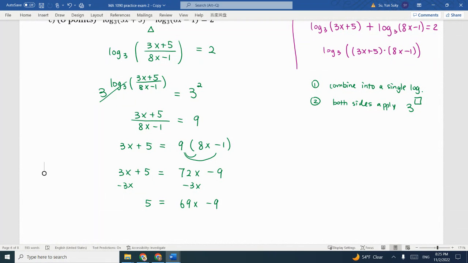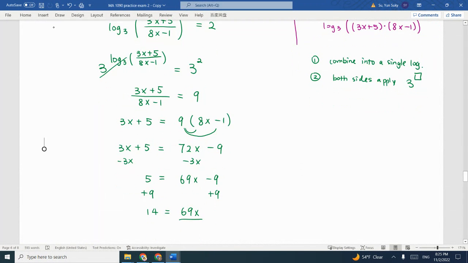Then we move the constant to the left-hand side, so we add 9 on both sides. 9 plus 5 is 14, so 14 equals 69x. Therefore, x is both sides divided by 69, so x is 14 over 69.